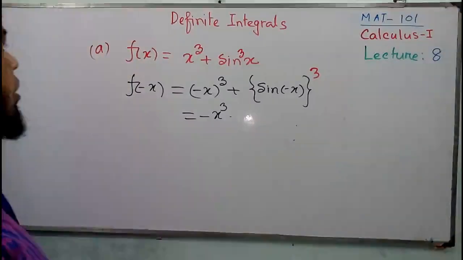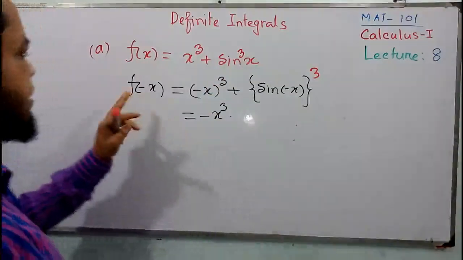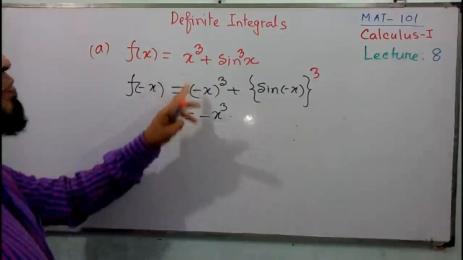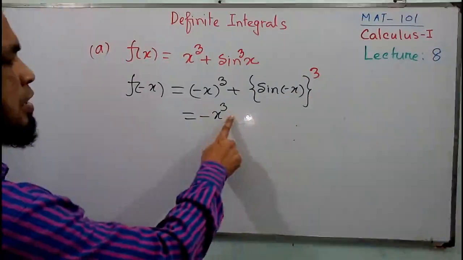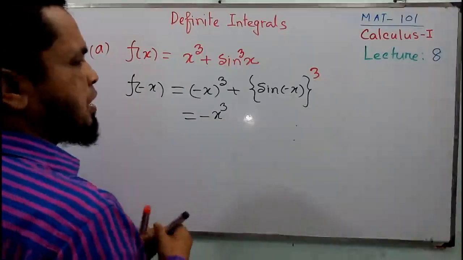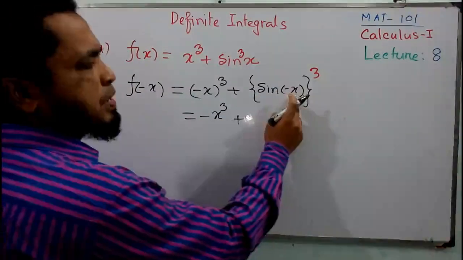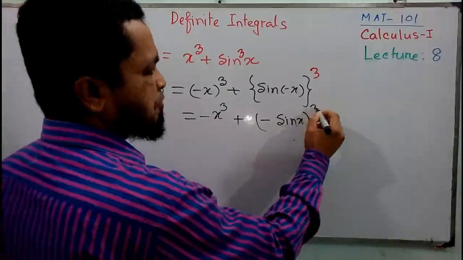Dear students, our function is f of x equals x cube plus sine cube x. Therefore, f of minus x equals minus x whole cube plus sine of minus x whole cube. And it is the power 3, that is, it should be minus x cube. As you know, sine of minus x equals minus sine x, and it has a cube.